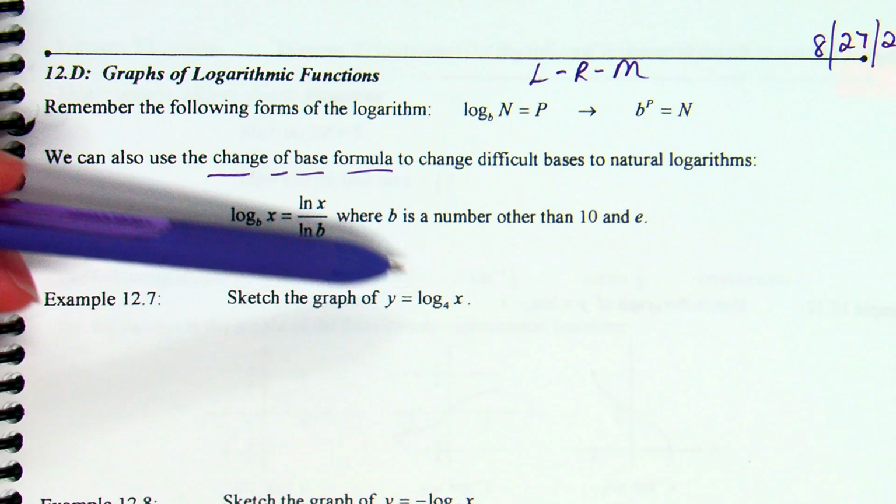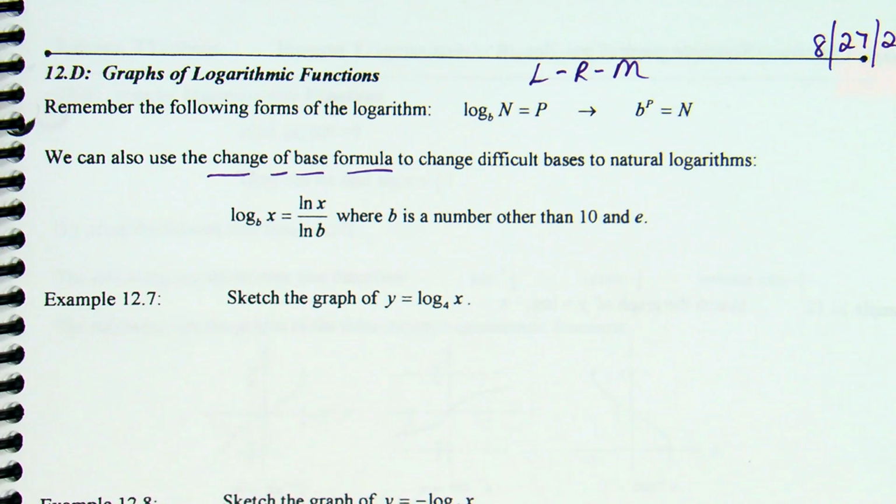Or we could just do left, right, middle. To me, easier would be to think of a left, right, middle. And if we do left, right, middle, now notice the log equation's on the right instead of the left.